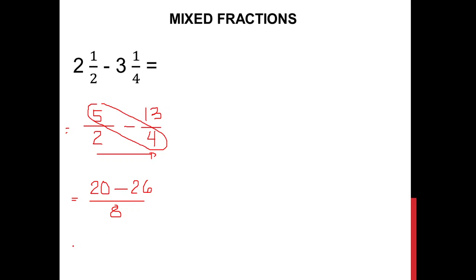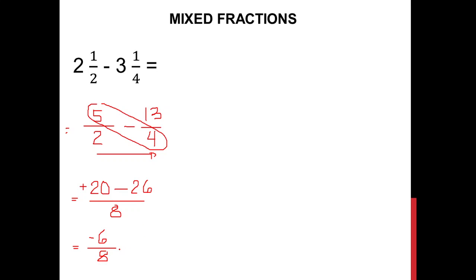Okay, since our minuend is smaller than our subtrahend, we follow the operations on integers. So 20 here is positive, so we have two unlike sign numbers, so we need to subtract. 26 minus 20, that is 6. And then since 26 is bigger than 20, let's copy the sign of the highest number, which is negative, over 8.